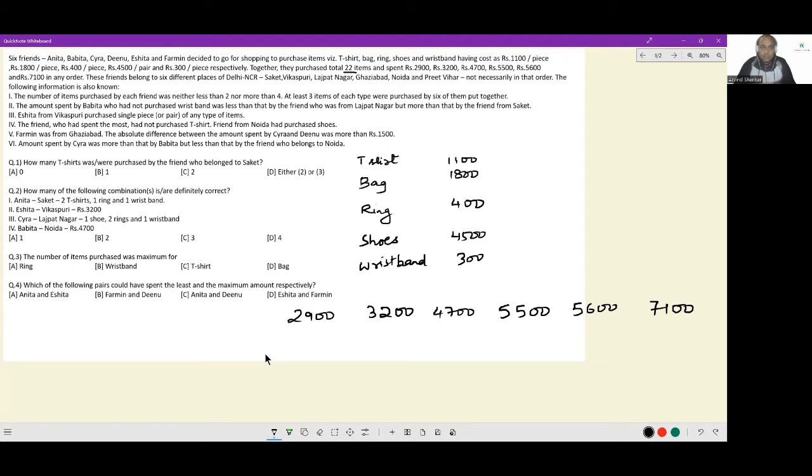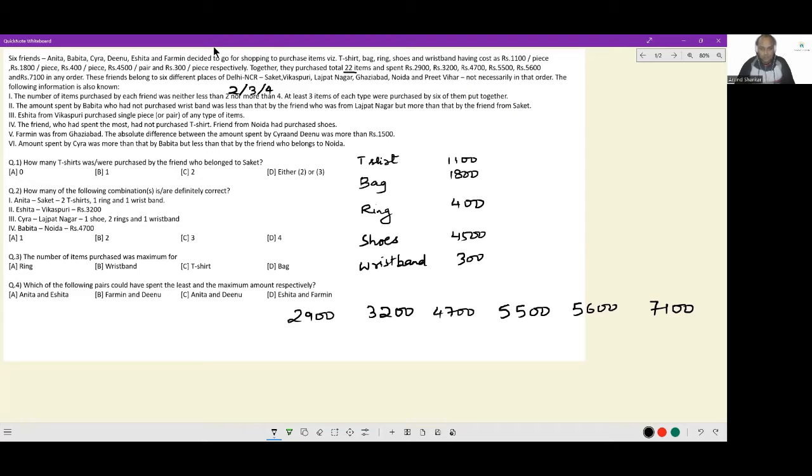These friends belong to 6 different places of NCR: Saket, Vikaspuri, Lajpat Nagar, Ghaziabad, Noida, and Preet Vihar, not necessarily in that order. 6 friends, 6 places are given. The following is also known. The number of items purchased by each friend was neither less than 2 nor more than 4. Okay. So the number of items purchased by people can be 2 or 3 or 4.